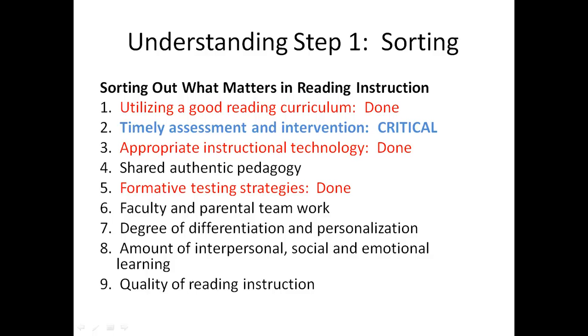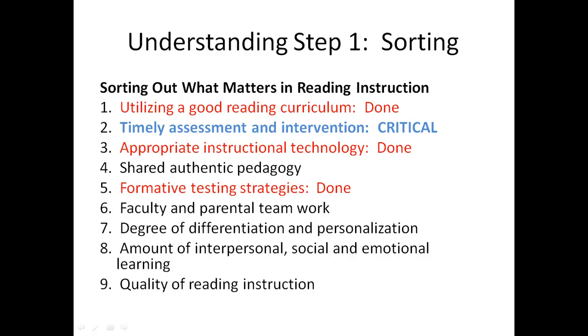Now, as you look at this list, you can use this now to begin to move forward and figure out, okay, what is it that we want to focus on and really bring forward as an improvement strategy in reading instruction. So you can begin to look at this list and move from step 1 into step 2 by just having a discussion about what is it that we actually really know already what we're doing.